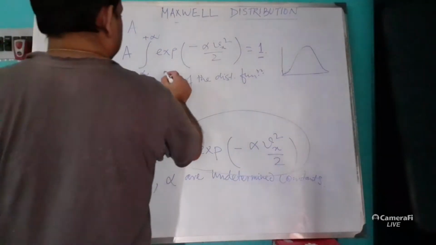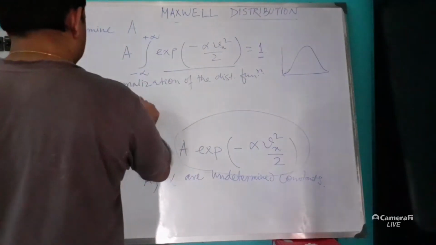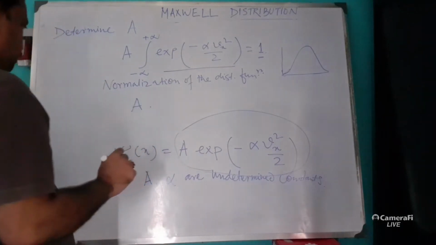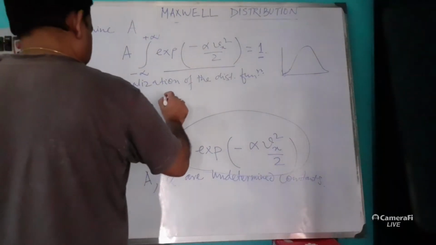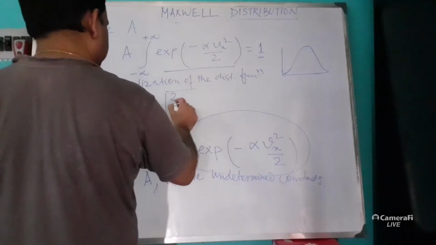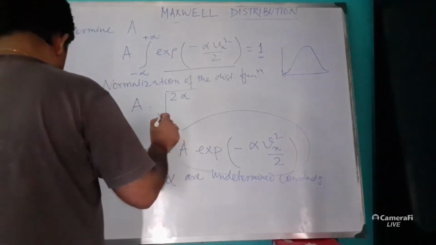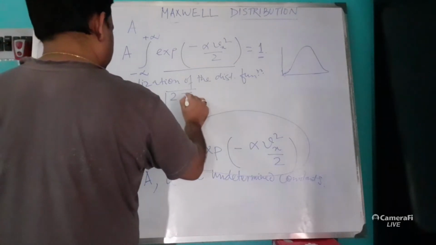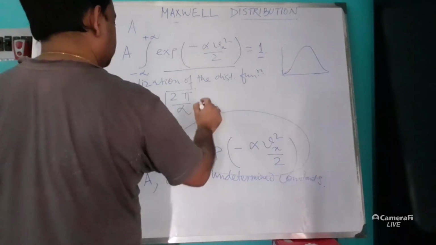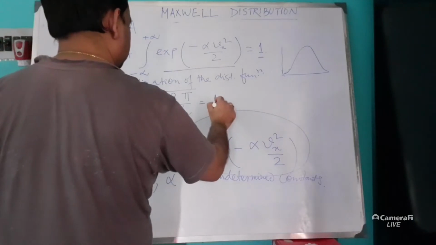This is a standard integral, and its result can be obtained as a times root over 2 pi by alpha equals 1.